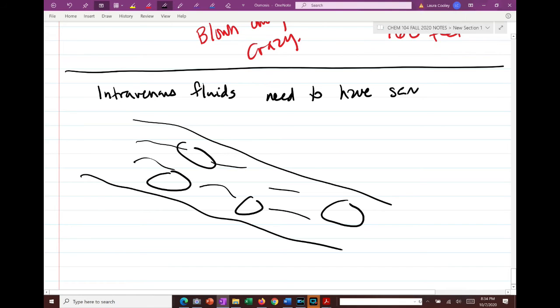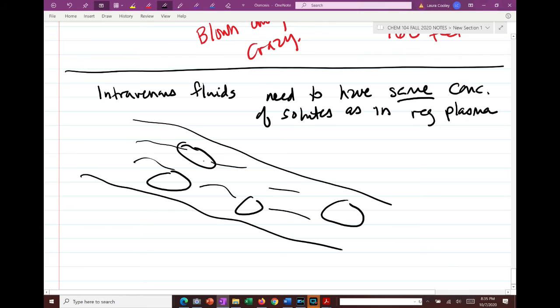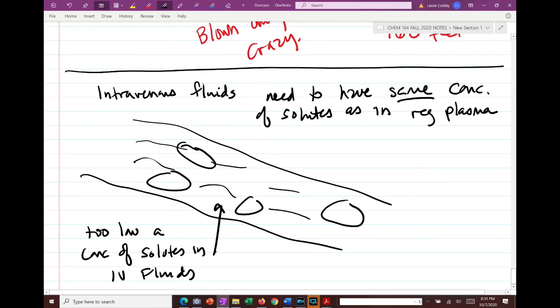the same concentration of solutes as in the regular blood, the plasma. And the reason is because, let's suppose you put too low a concentration of solutes in the IV fluids, and that goes into the bloodstream over here.